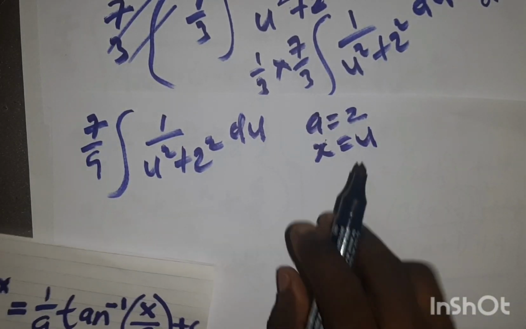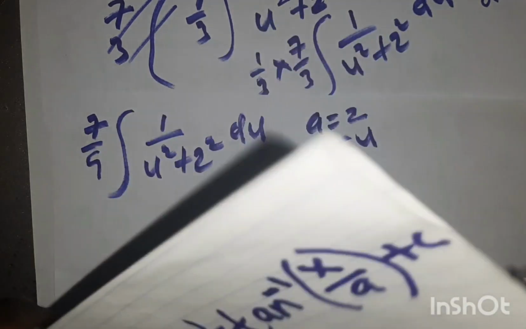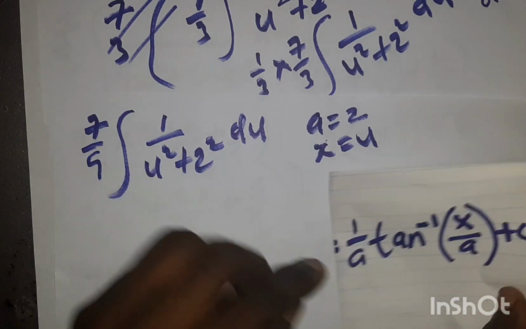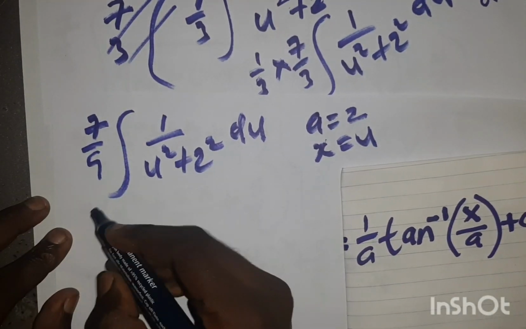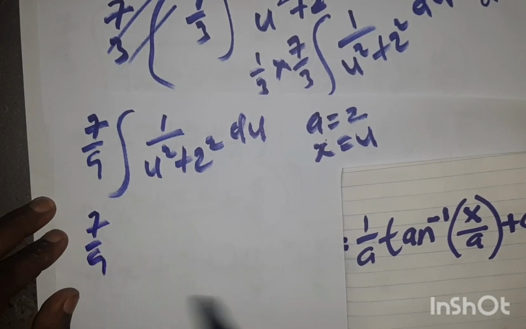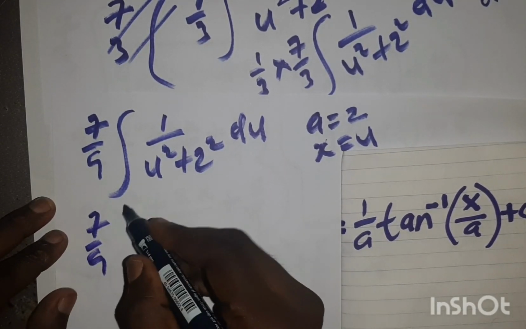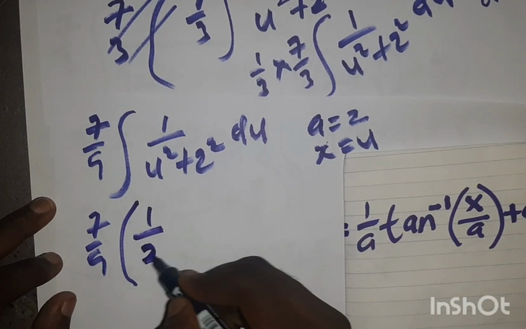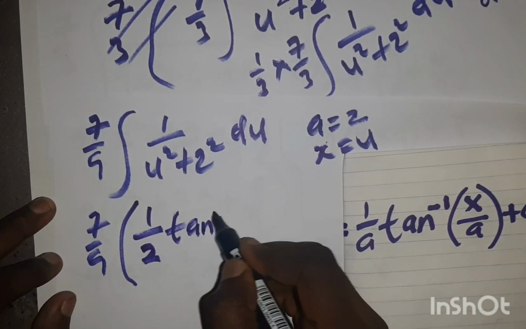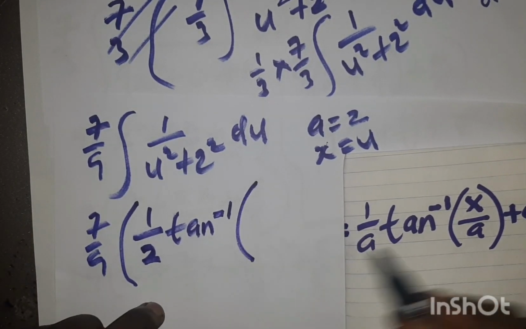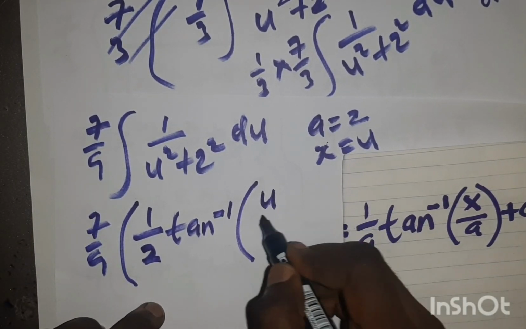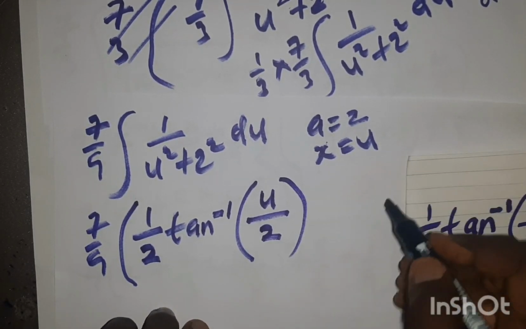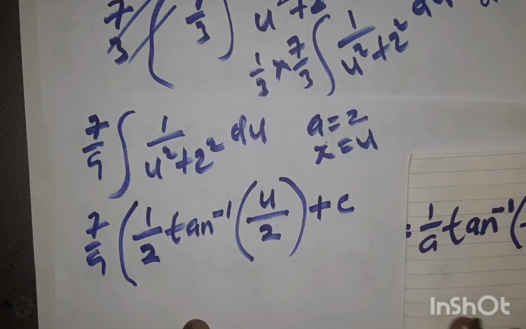This is the formula. So following what is being written here, it's now 7 over 9, times 1 over, what's the a? a is 2, then tan inverse of, what's my x? x is u over, what's the a? 2, then of course c.